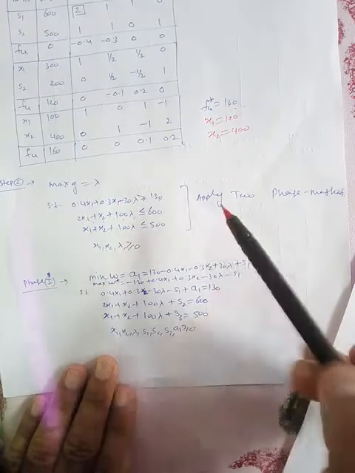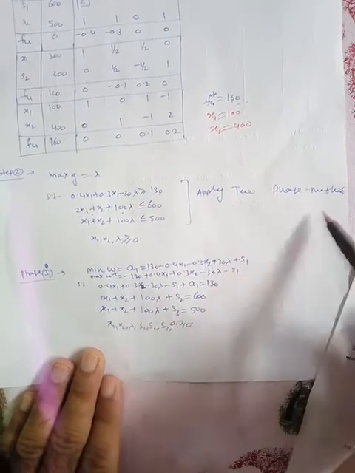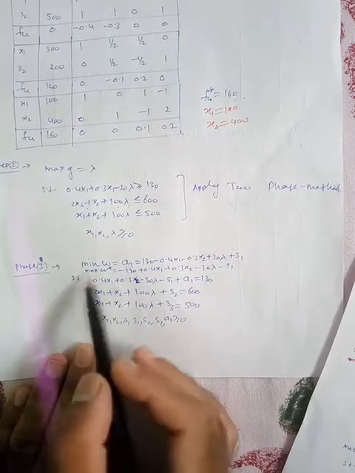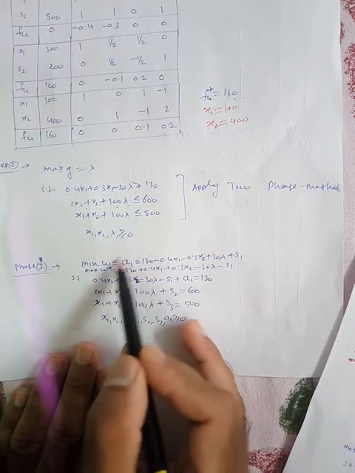Now to solve this problem, because this is greater than or equal to, we apply the two-phase method or Bingham method. Here we are using the two-phase method. The first phase is minimum W equals A1, the artificial variable.